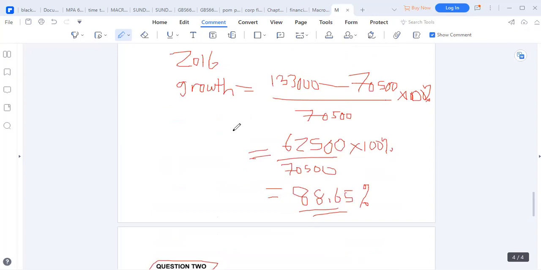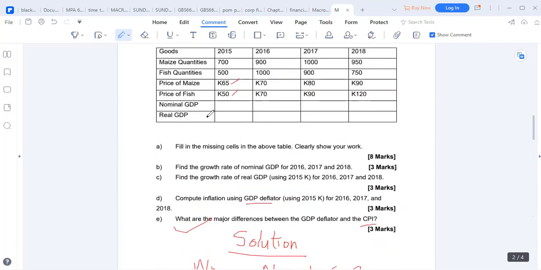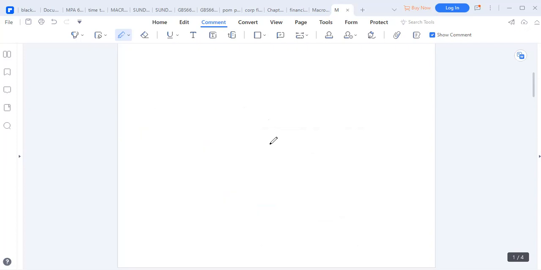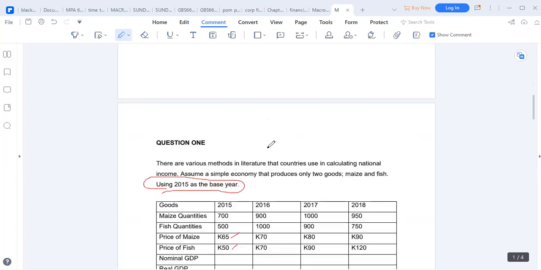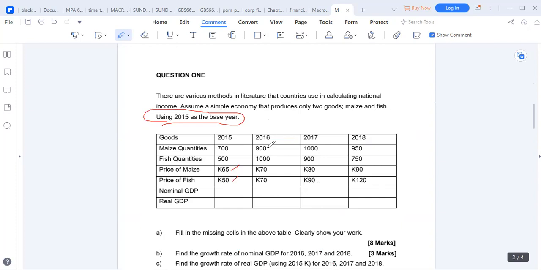The first part of the question was filling in the nominal gross domestic product and the real gross domestic product, to find the increase in the nominal gross domestic product and also the changes in the real gross domestic product. So this marks the end of this question. Take time to go through, and where there are issues, we can go through again. So we can end here for now.